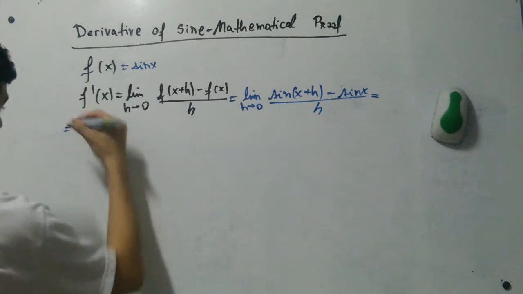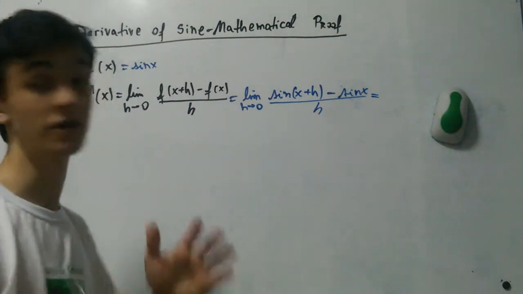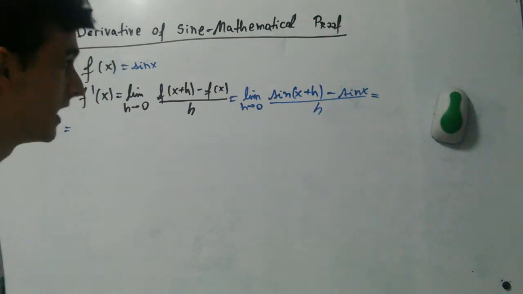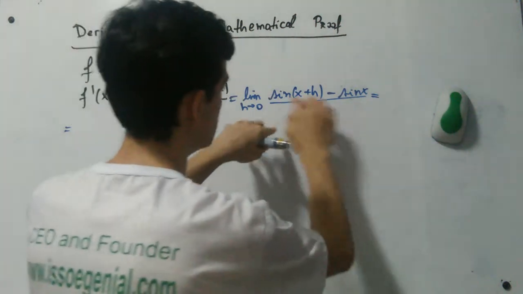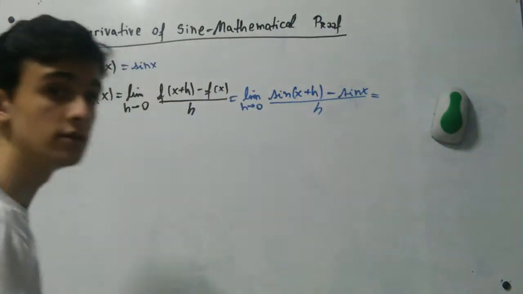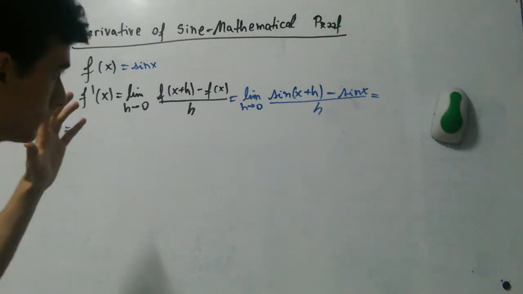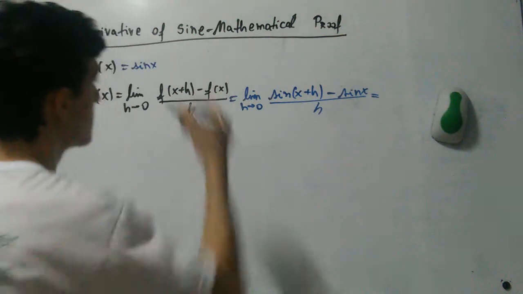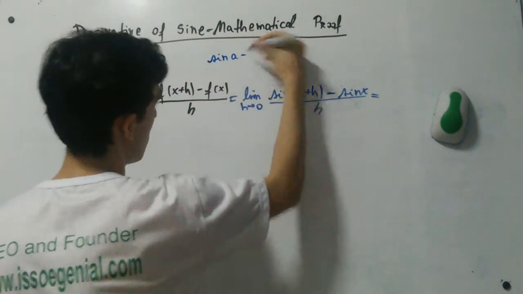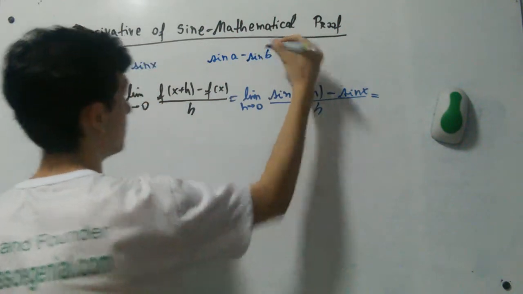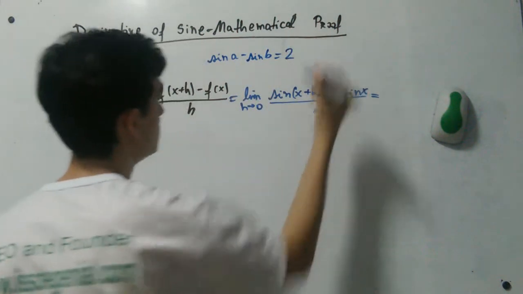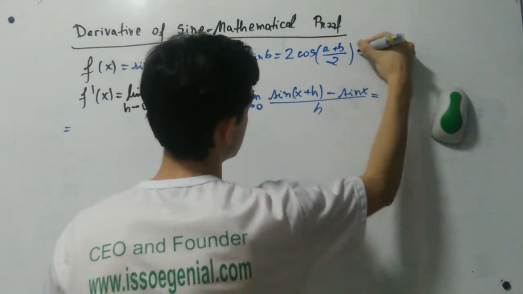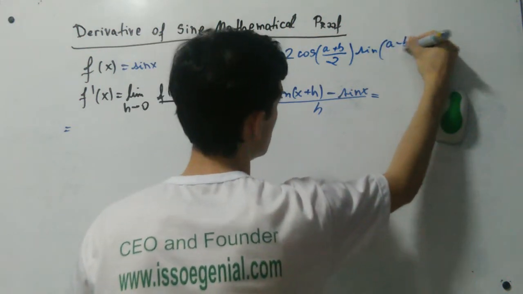And now we're going to use a sum to product formula, which is basically a trigonometric factorization. We're going to transform this subtraction into a product, and we're going to use an equation that we study when we study trigonometry that says the sine of A minus the sine of B is equal to 2 times the cosine of A plus B over 2 times the sine of A minus B over 2.